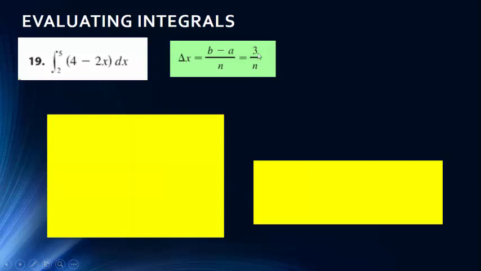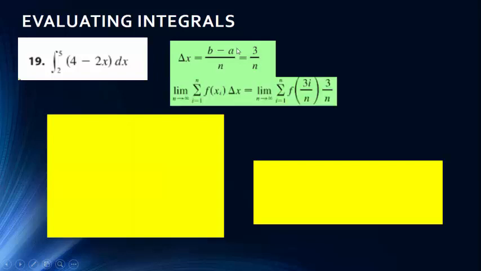All right. Now our x value, though, is going to be different. In general, we have f of x sub i delta x, which is f of 3i over n. It's just the delta x sub i. But in this case, we're not starting at 0, we're starting at 2.